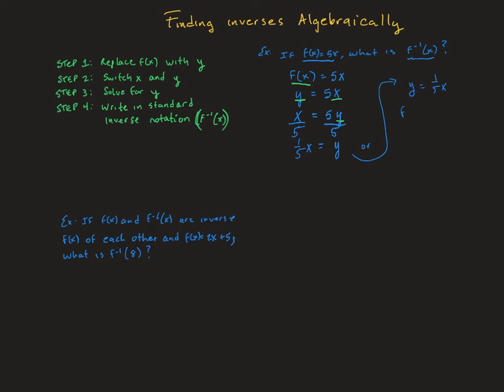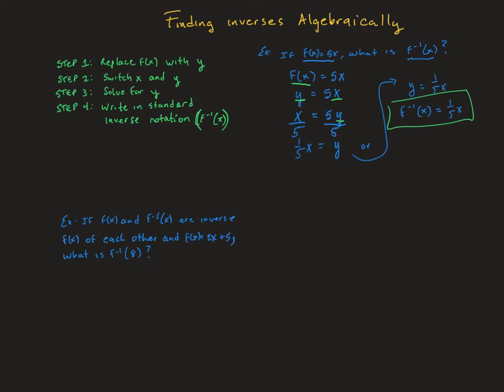So that is going to be f inverse function of x is equal to 1/5 x, and that is going to be your inverse function. That's how you solve for that algebraically.